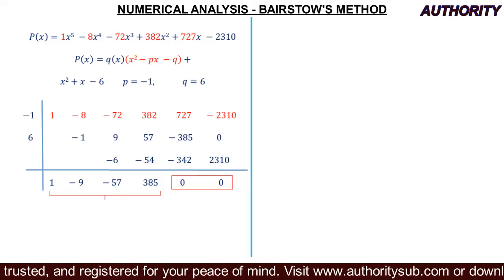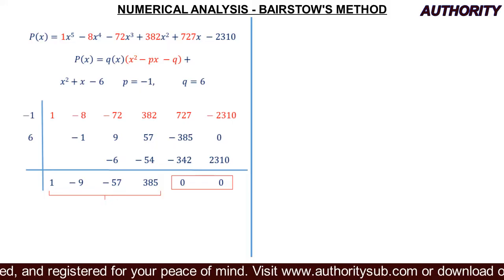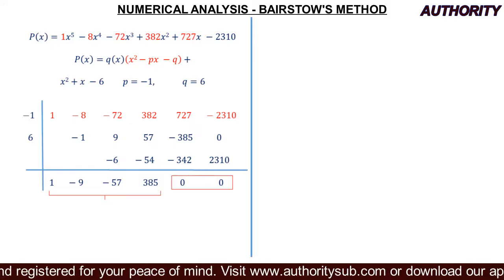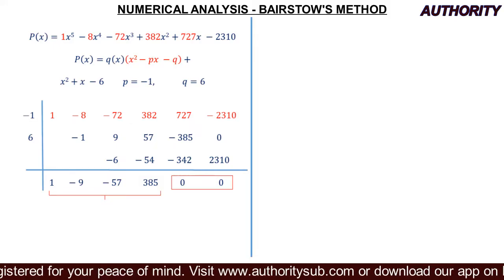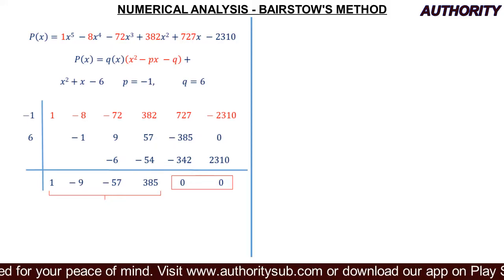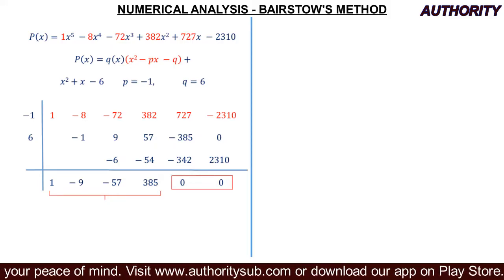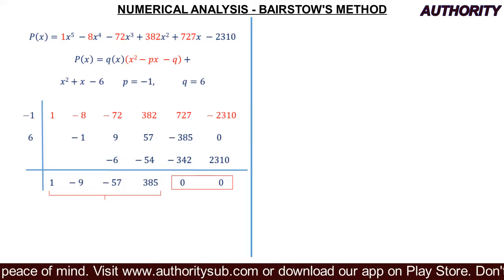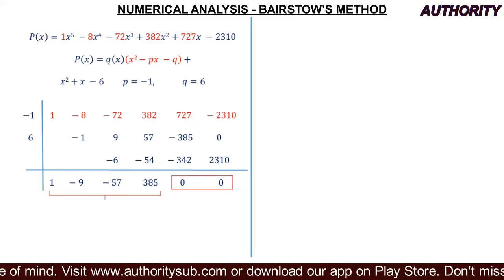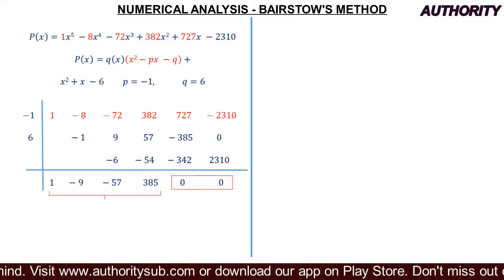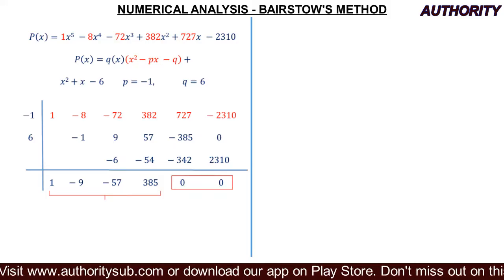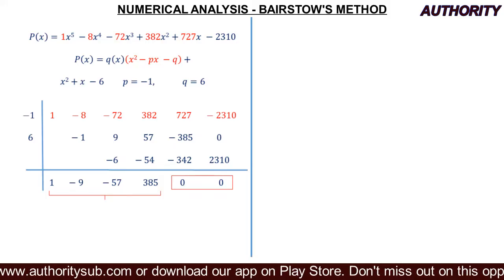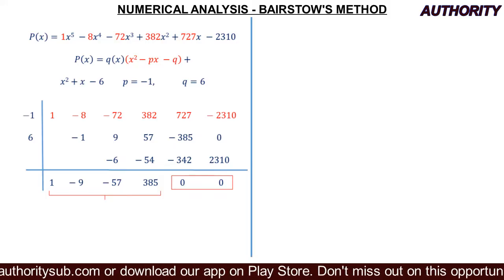Are we together? Yes. So here we have minus 57 multiplied by p, which is minus 1, is going to give us 57, right? Good. Let's step backward again. We have minus 9. So this minus 9 multiplied by q, and q is 6, is going to give us minus 54. Let's add up everything.